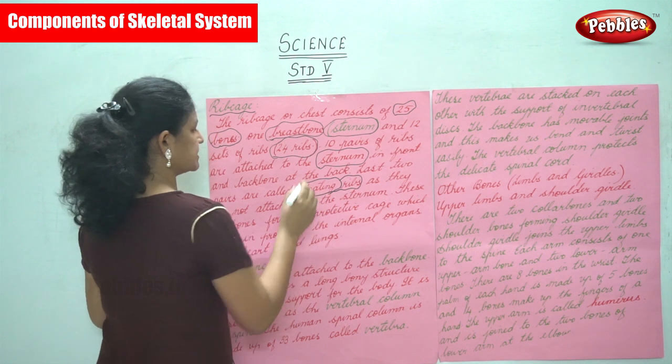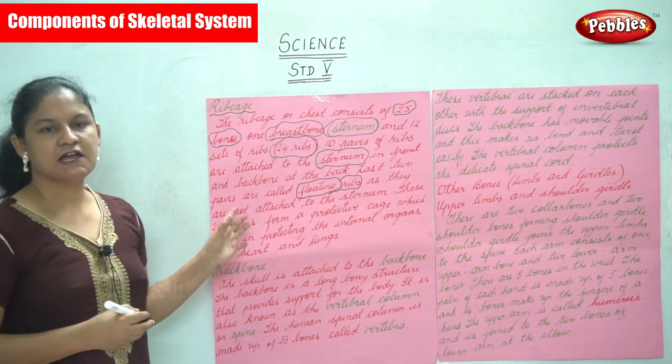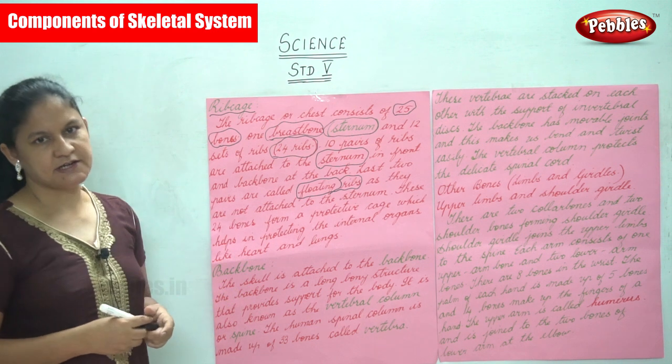The last two pairs are called floating ribs as they are not attached to the sternum.